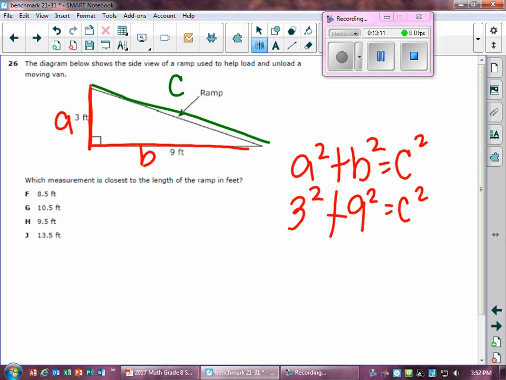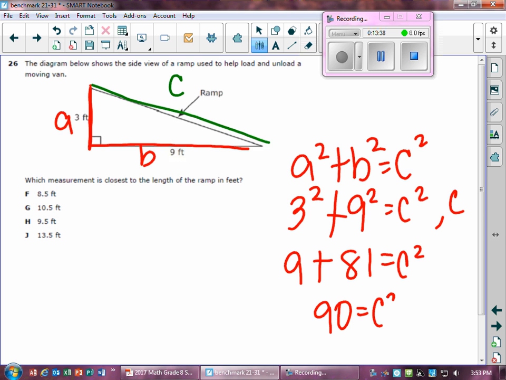In your calculator you can use solve and then put comma C to solve for C. But since I'm a math teacher and I like to write, 3 squared is 3 times 3, which is 9, plus 9 squared, which is 9 times 9, which is 81, equals C squared. So now let's add 9 plus 81. You get 90. 90 equals C squared.